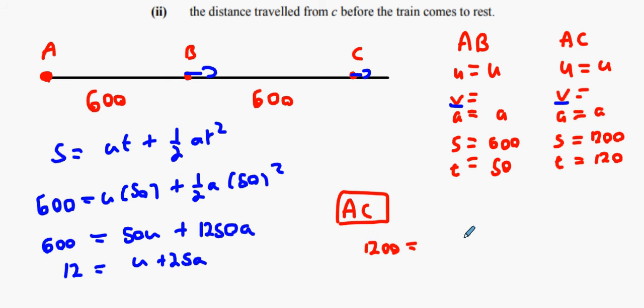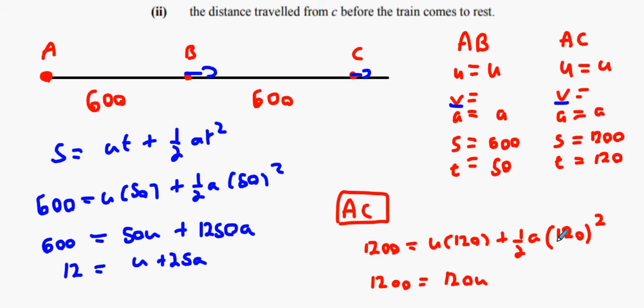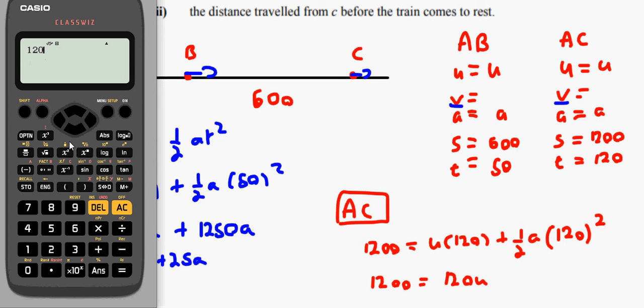So you get 1,200 equals UT, which is going to be U times 120, plus a half A times, now T squared is, anybody? 120 squared. So 1,200 equals 120U, and 120 squared divided by 2 gives you 7,200A.